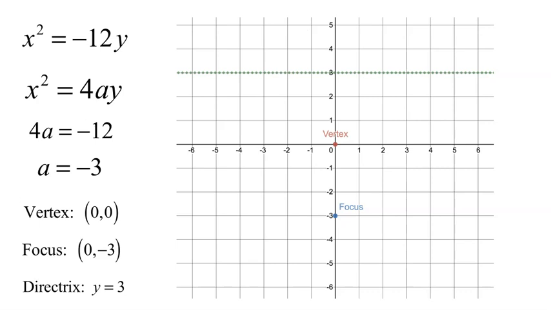Now we want to find 2 points on a line that will be on the parabola. The focus is not on the parabola. We construct a line through the focus, and we find out which points on that line are also on the parabola. They have to be equidistant from the focus and the directrix.